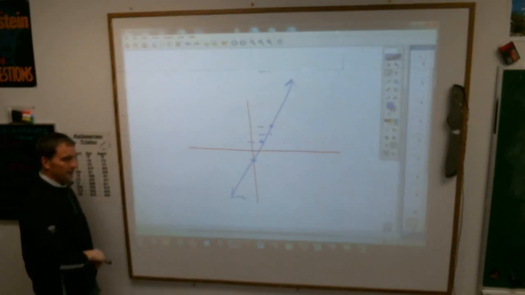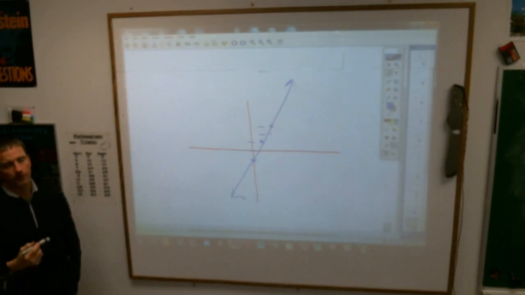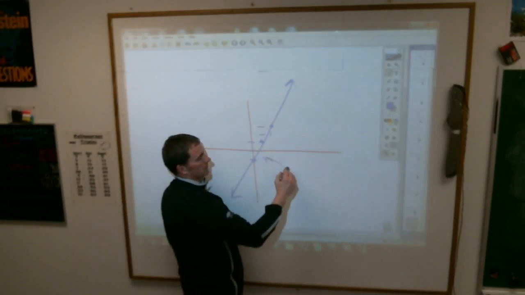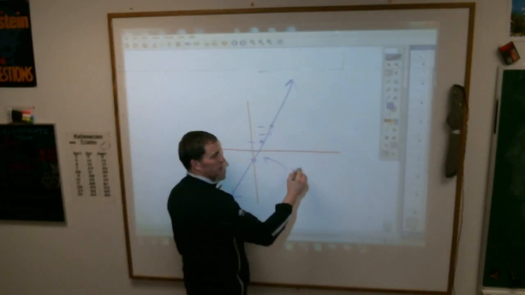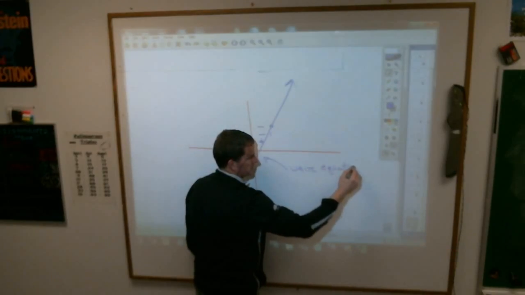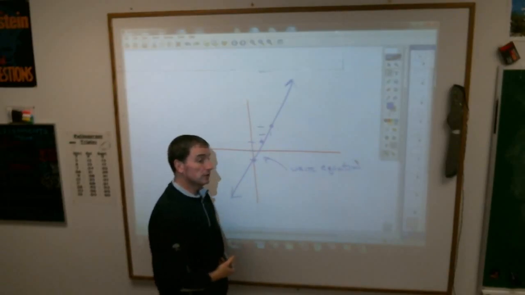Not only do you have to be able to draw the graph from the equation, they are also going to give you the line, and you have to write the equation. It's really not that hard, you just need to do the same thing we just did, except backwards.